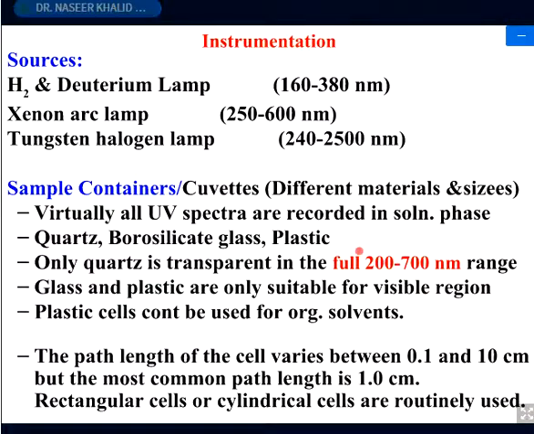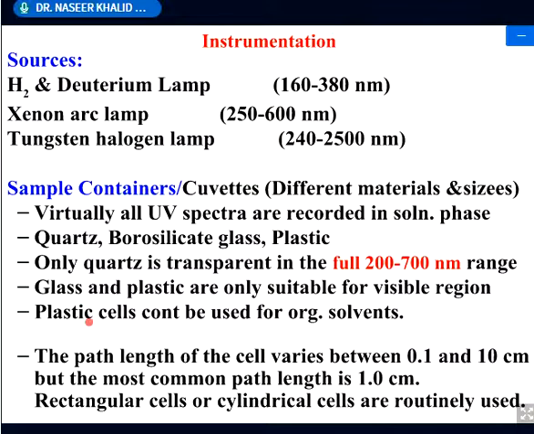Simple glass and even plastic cells are transparent only in the visible region, because plastic absorbs in the UV region. Similarly, glass interacts with the UV region, but both are transparent in the visible region, so they can be used there.